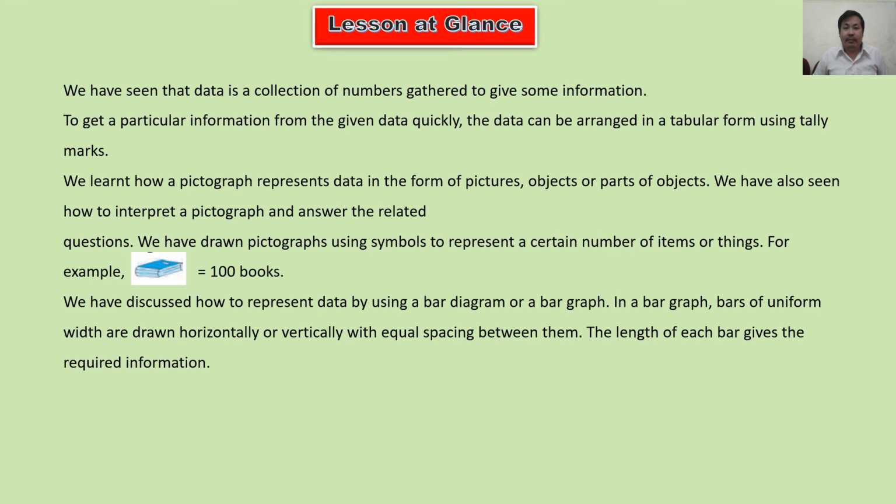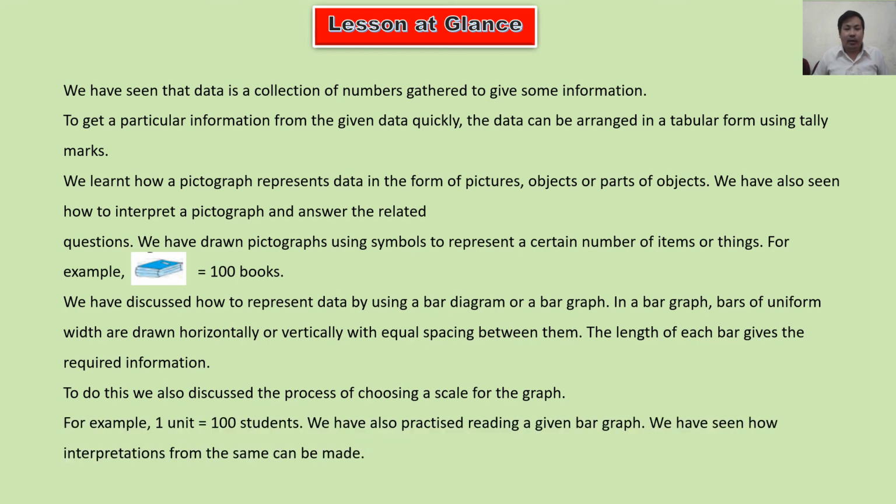The length means the height of the bar. We also discussed choosing the scale for the graph, that is, one unit length equals how many items. For example, one unit is 200 students. This is called the scale of the graph.